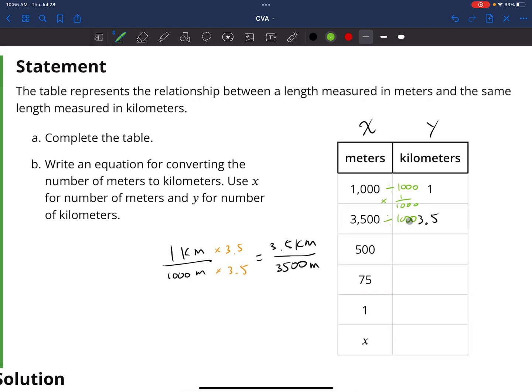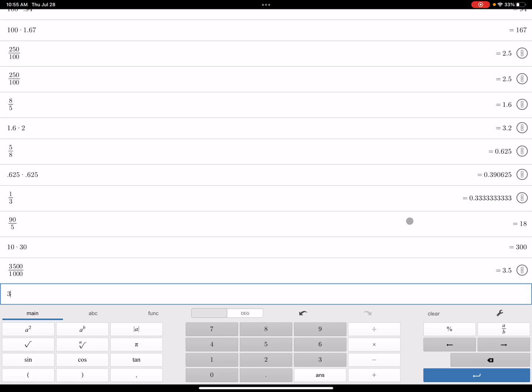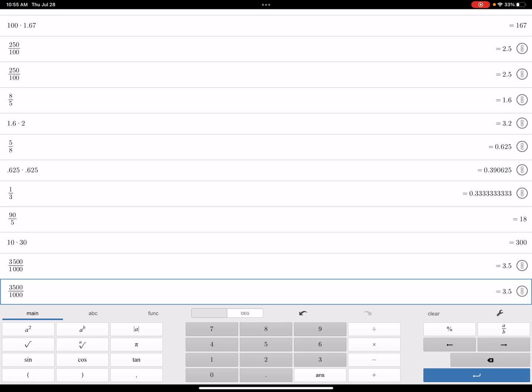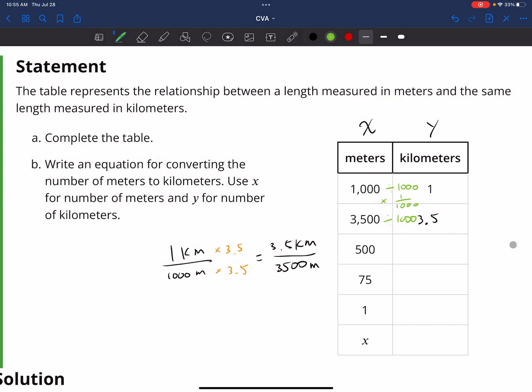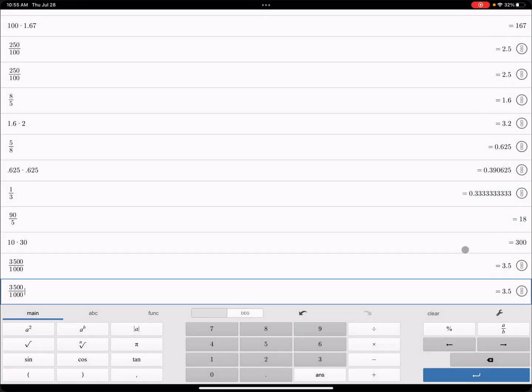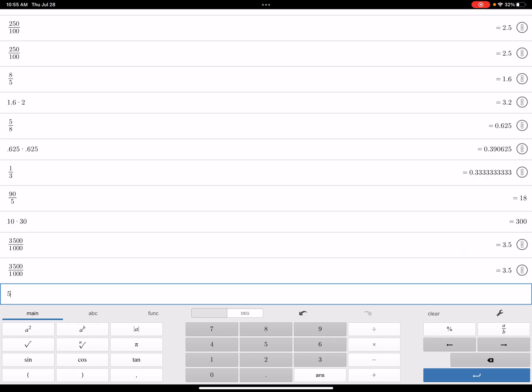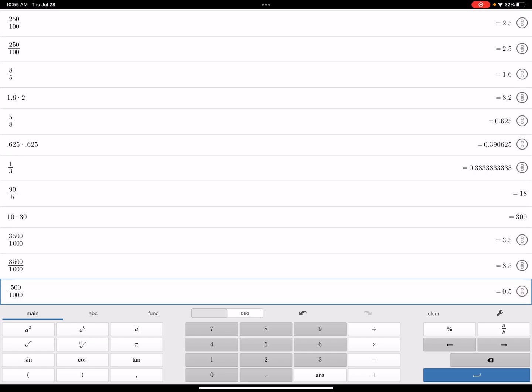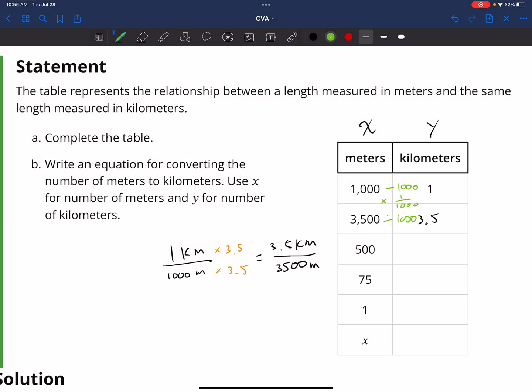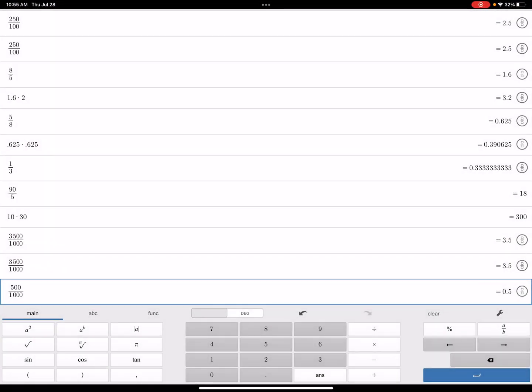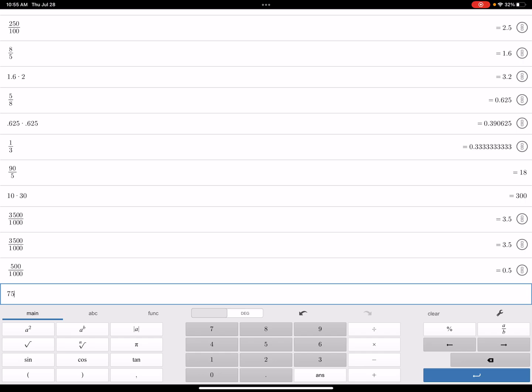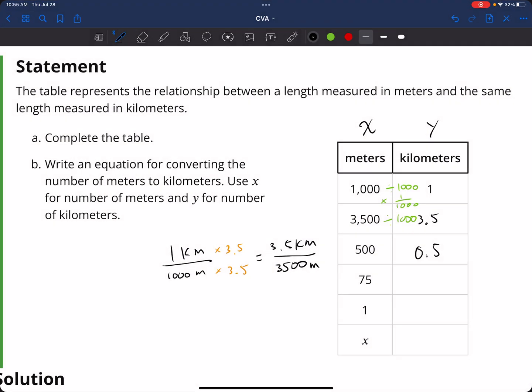Look, 3500 divided by 1000 is 3.5. You see 3.5? So I'm just going to literally divide by 1000 each time. 500 divided by 1000 is going to be 0.5. And 75 divided by 1000 is going to be 0.075.